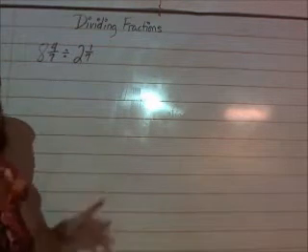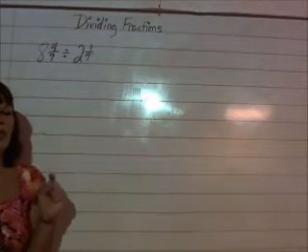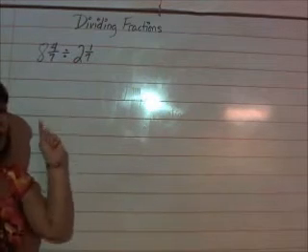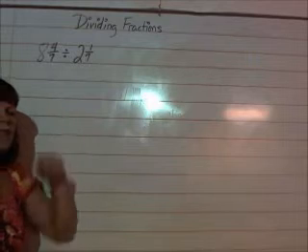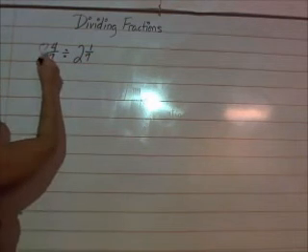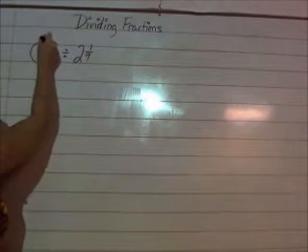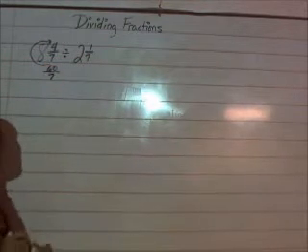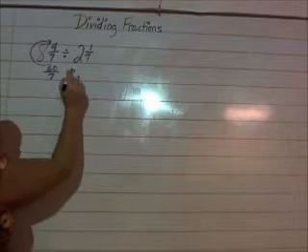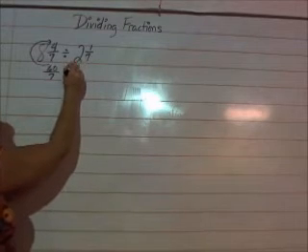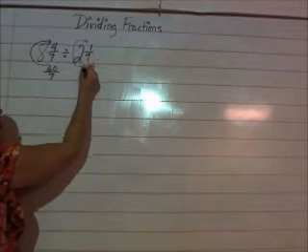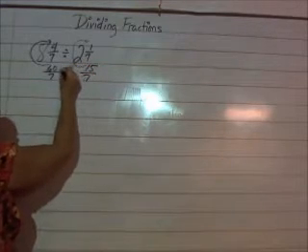All right, first thing, I need to make sure they're fractions, not mixed numbers. So I'm going to have to convert my mixed numbers to improper fractions. So 8 times 7 is 56 plus the 4. So that gives me 60 over 7. Then this one, 7 times 2 is 14 plus the 1. So now I have 15 over 7.